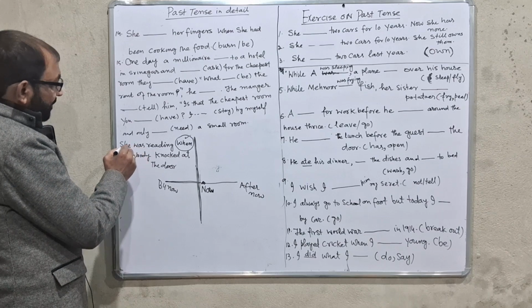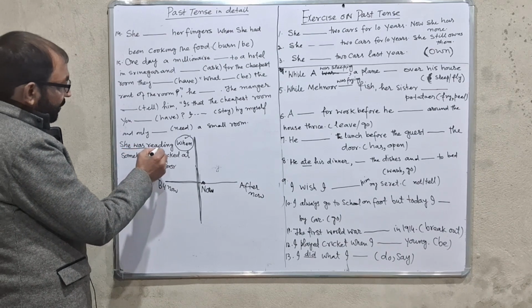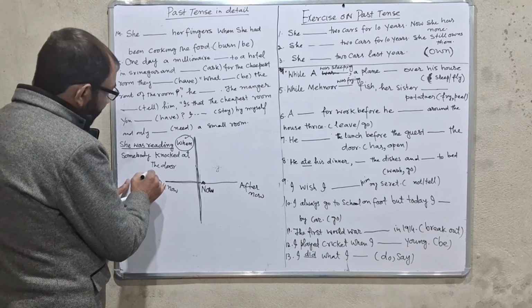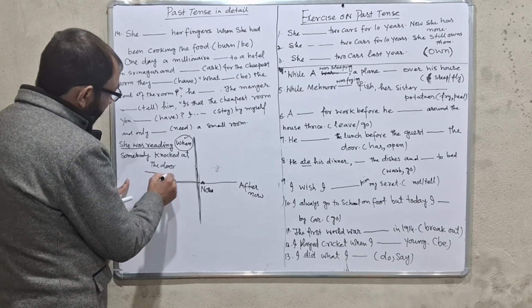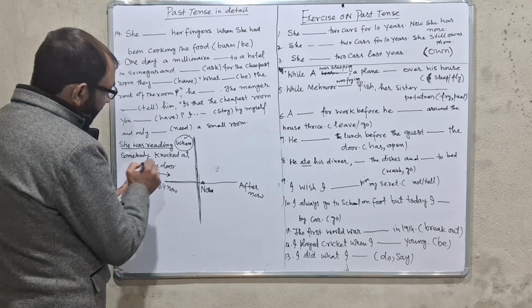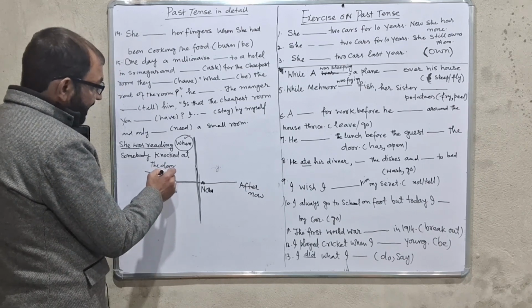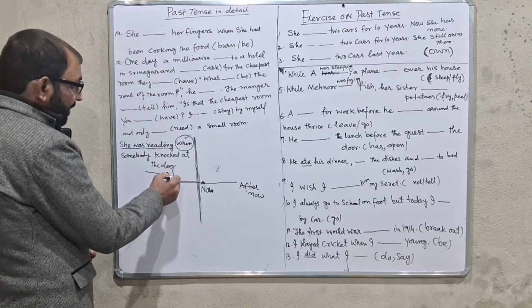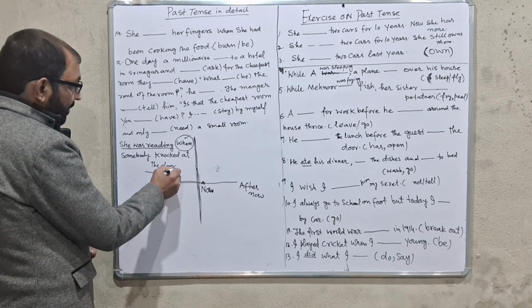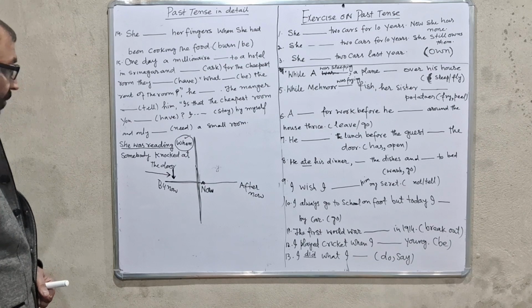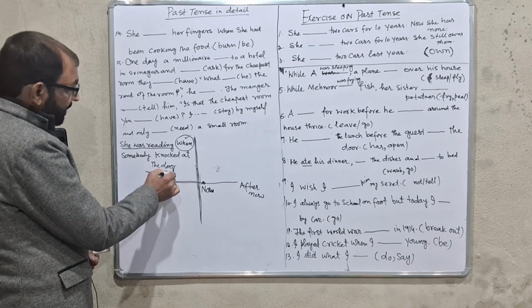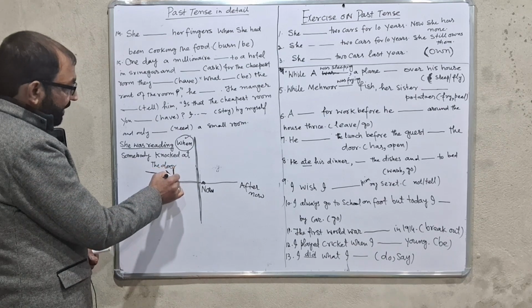The first action is past continuous, an ongoing action, progressing in the past. When the next action happened, what was that action? Knocking at the door. This first action was in progress, then the second action happened.